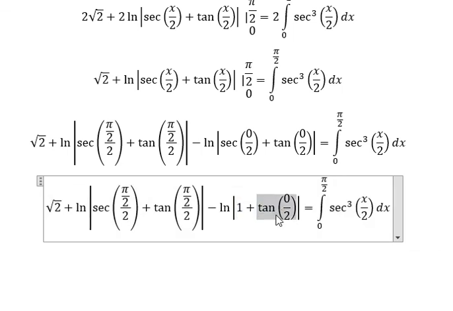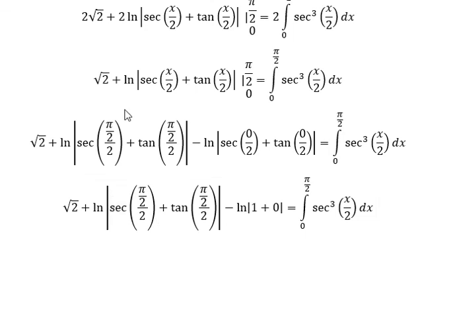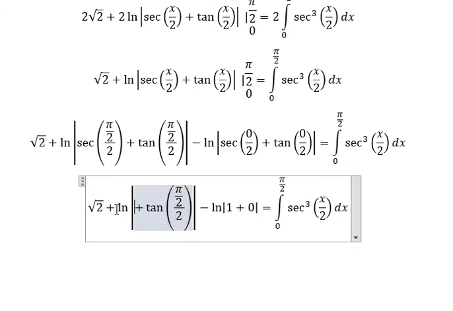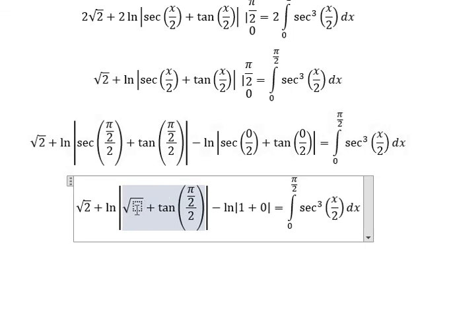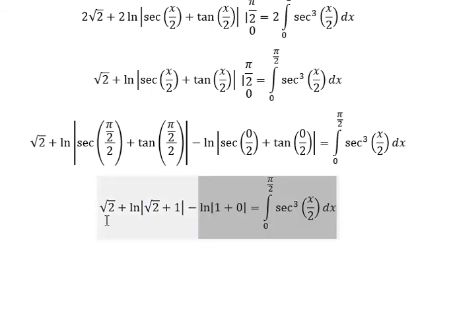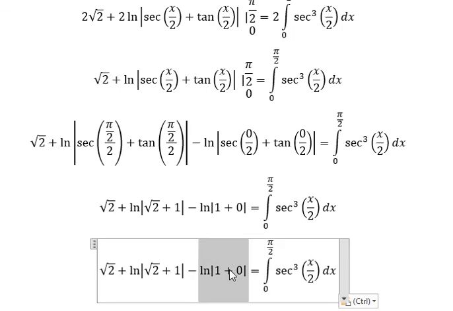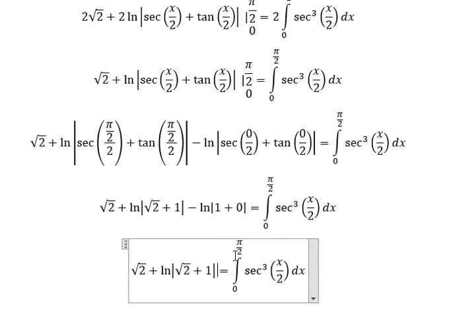This one you got about number 0. This one we have the square root of number 2. This one we have number 1. Ln number 1 you got about 0. So we just simplify like this.